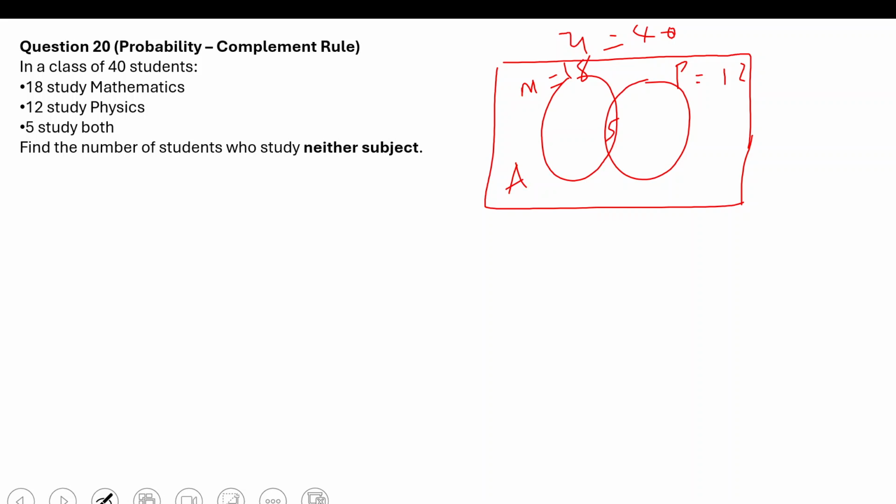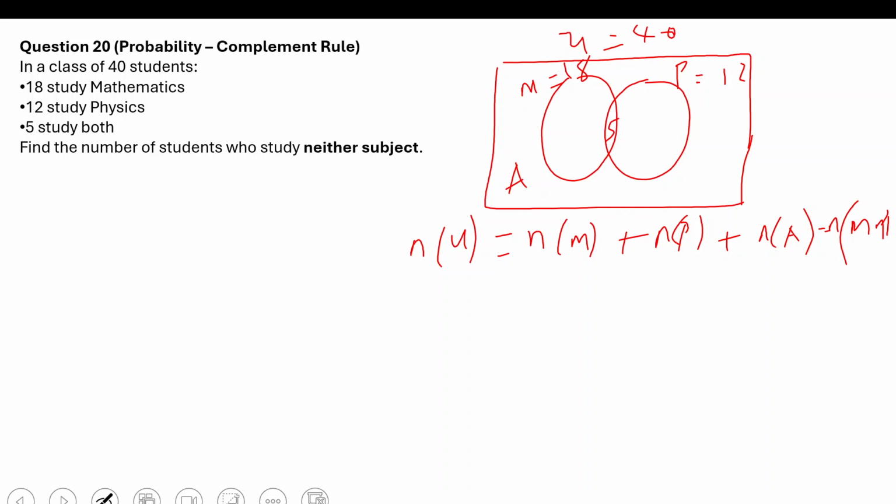So the formula for sets is: the number of the universal set is equal to the number that study mathematics plus the number that study physics plus the number of A, which is the outside one, then minus the number of M intersect P. I'll do it again so that you can know the formula again.